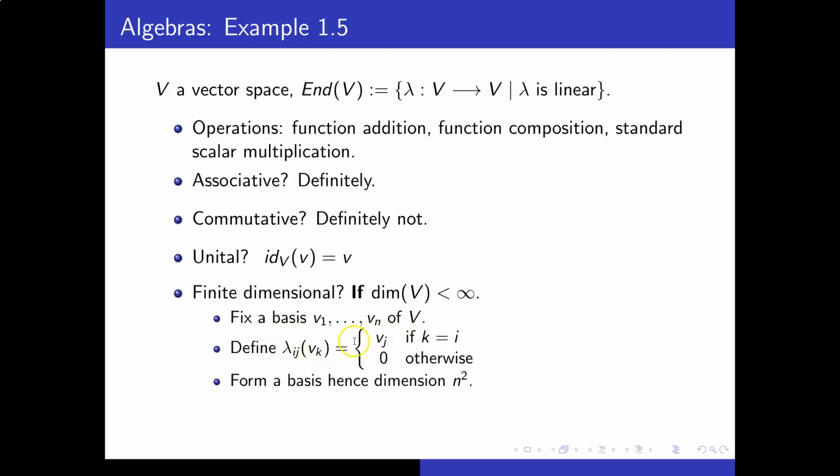It will take vk and map it to vj if k is equal to i, or it will kill it otherwise. This forms a basis. It's not too hard to check. I will probably make that a homework exercise. And therefore, it's going to have a dimension of n squared.